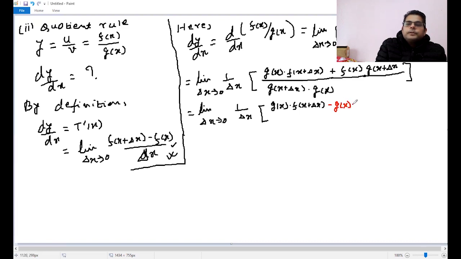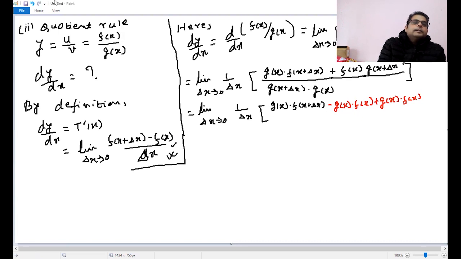g(x) times f(x), because from this term if I take out g(x) common, then I will have the term like this, f(x+Δx) minus f(x), and hence this divided by Δx would be f'(x). Okay, and as we have taken this term extra, we have to balance it by its opposite sign, so it is g(x) and f(x).